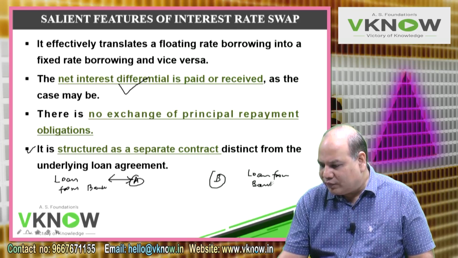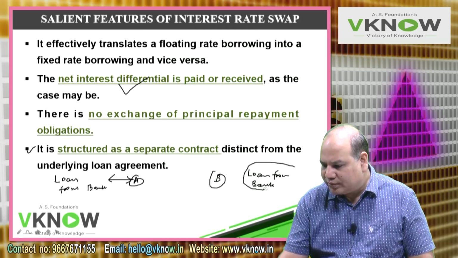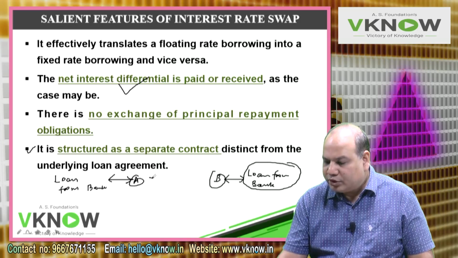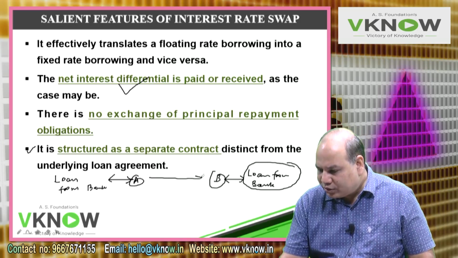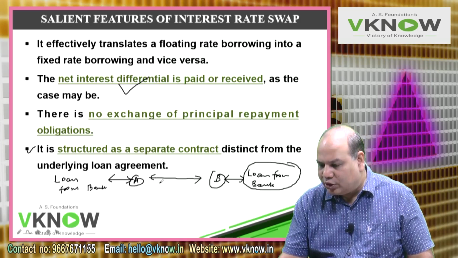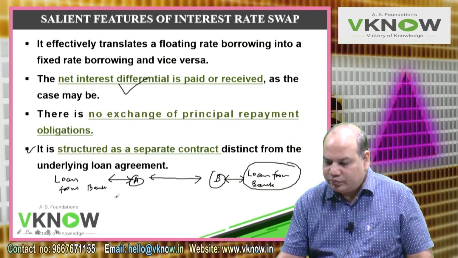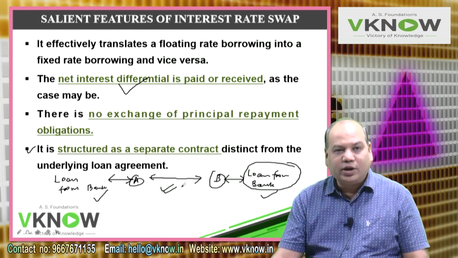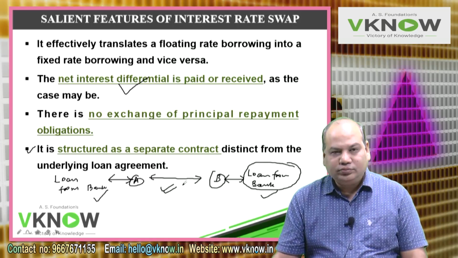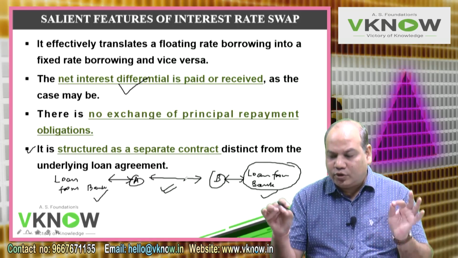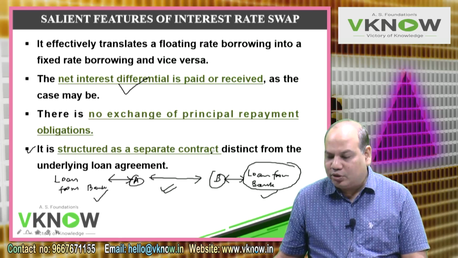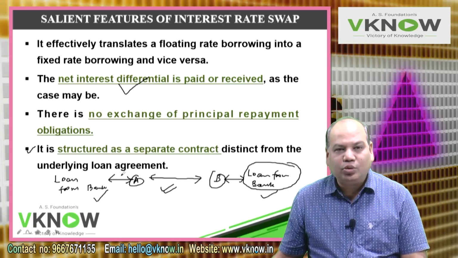Look at the diagram for question number 2 we have solved today. This is one contract, the original contract. At the same time, they are also entering into a contract with each other. So this is the original contract and this is another contract, the swap contract. It is different from the original contract. It is structured as a separate contract distinct from the underlying loan agreement.